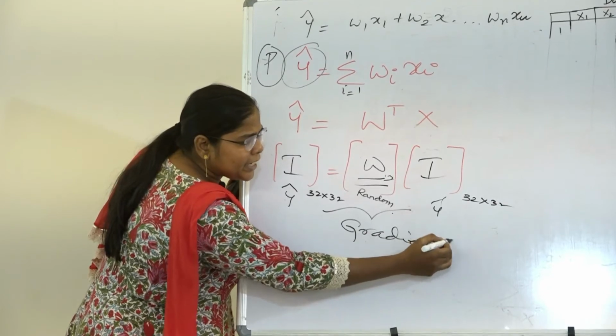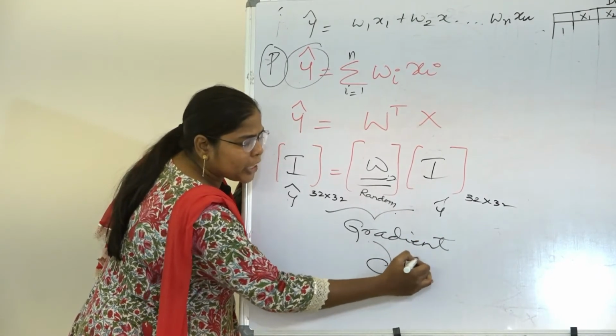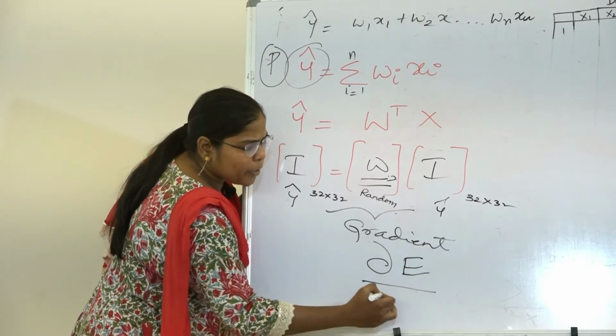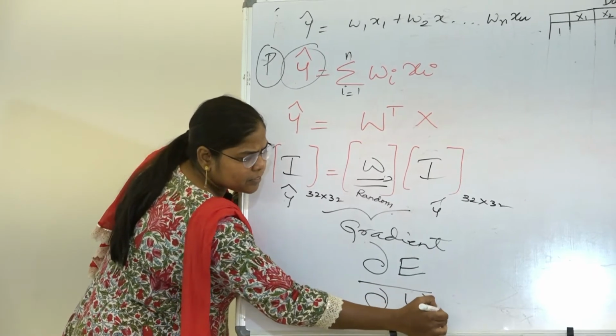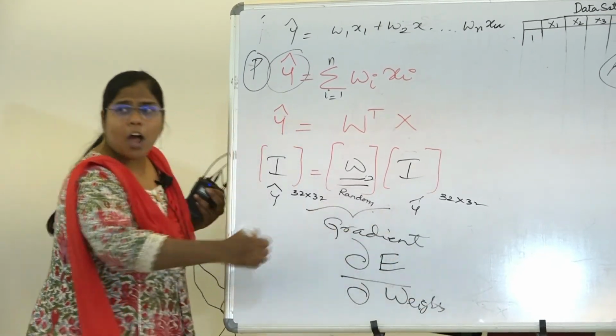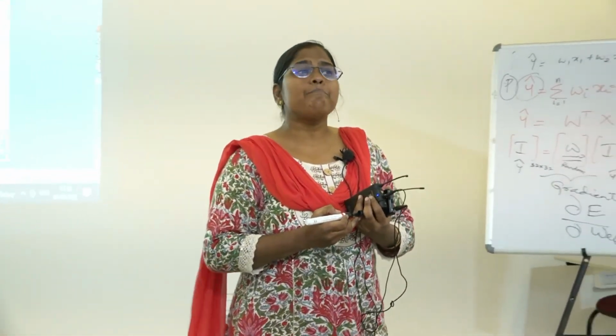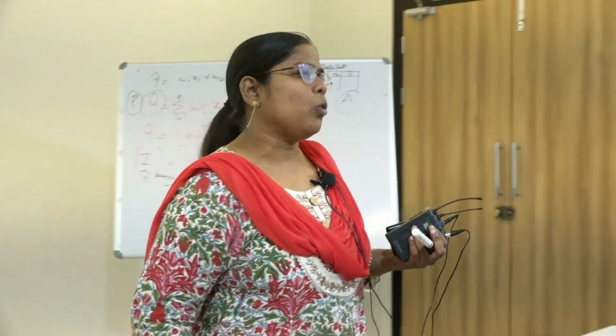What is gradient descent? It is the change of error with respect to weights, or the change of RMSE with respect to weights. Okay.